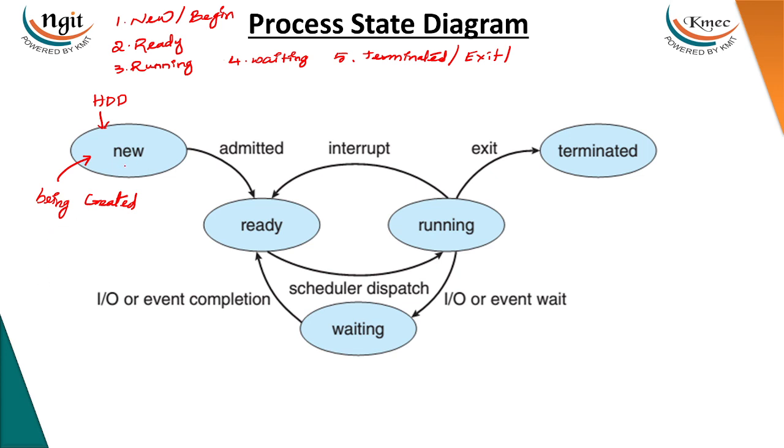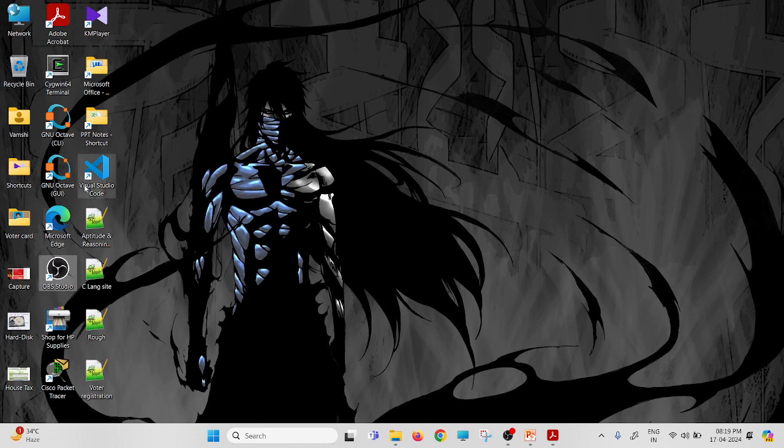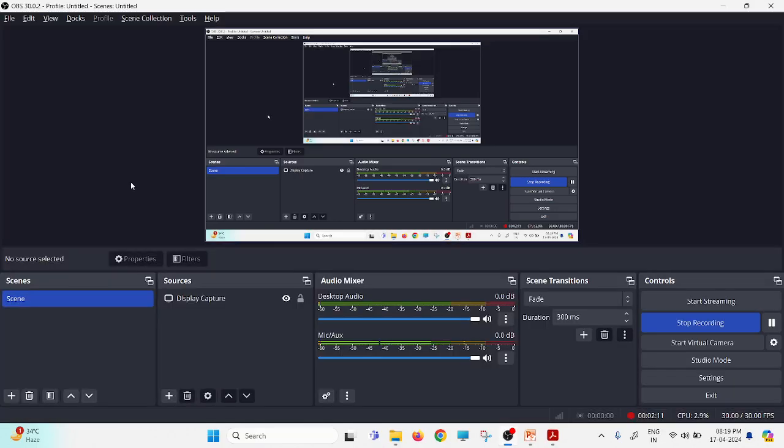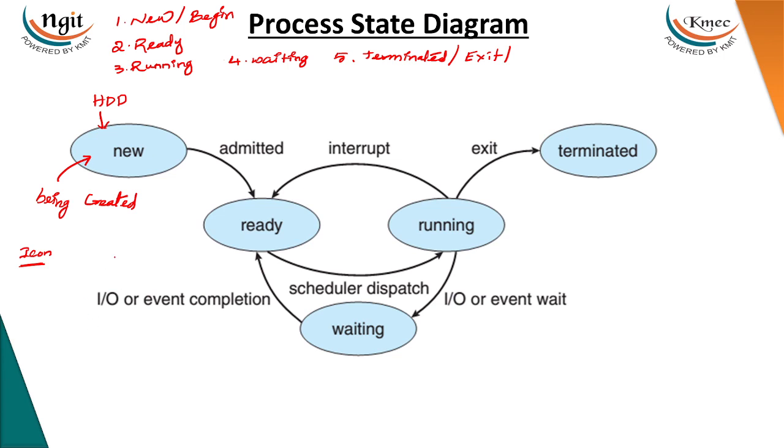A process is an instance of a particular program. If you see an icon on your desktop, there are several icons here. If you double click on a particular icon, or select it and press enter, then the process is moved from hard disk to main memory and it becomes active. Until you double click on it and open the application, it is in a passive state.